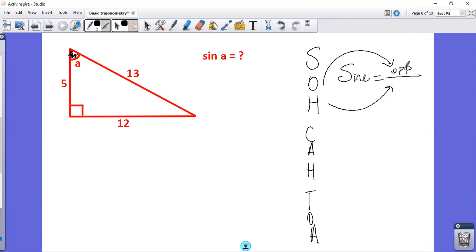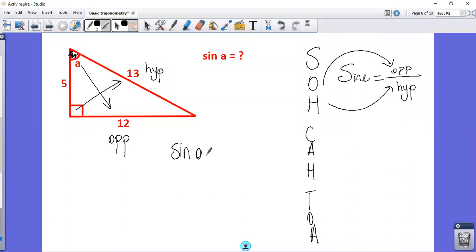Opposite over hypotenuse. All right, so let's look at this triangle. Which side is opposite to angle A? 12 is opposite to angle A. And what is the hypotenuse in this triangle? The hypotenuse is always the side opposite to 90 degrees, so it is 30.